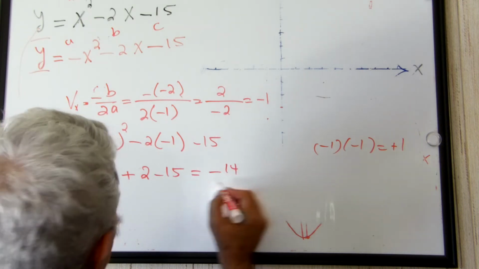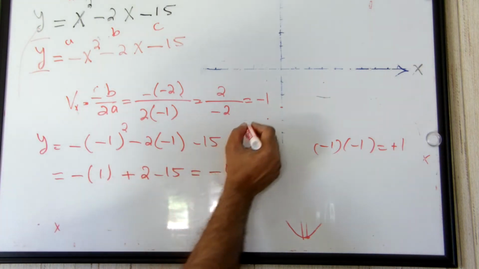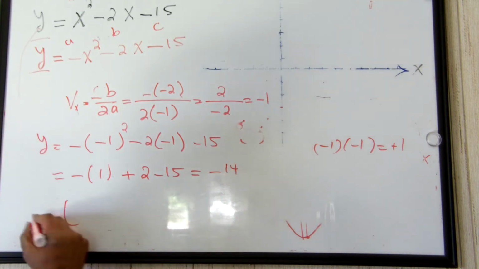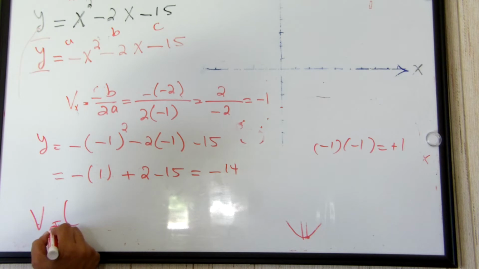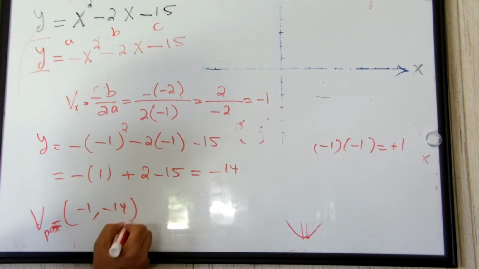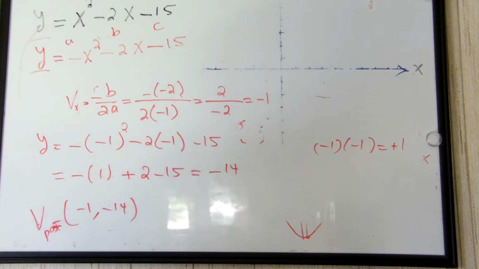So the vertex, of the point P, for example, the x is going to be minus 1 and y is going to be minus 14. Okay?